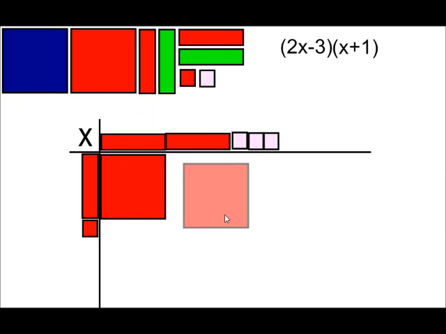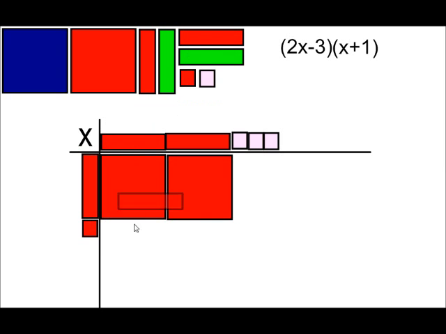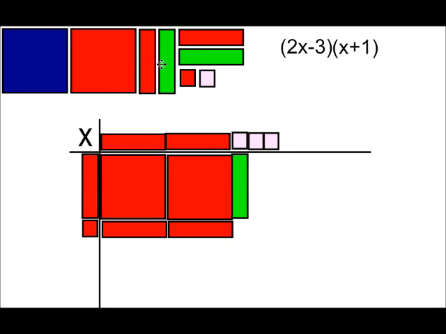This is x by x, x squared. Here's 1 by x, so that's an x. 1 by x is an x. Here's negative 1 by x, so that's a negative x. Negative 1 by x again. Negative 1 by x again. And then here is negative 1 times 1. Negative 1 times 1. And negative 1 times 1.